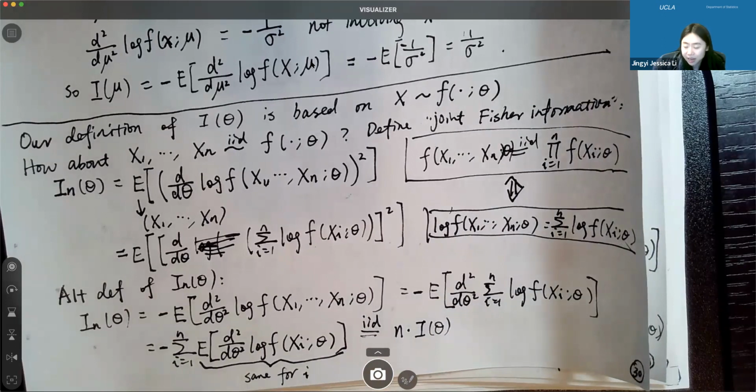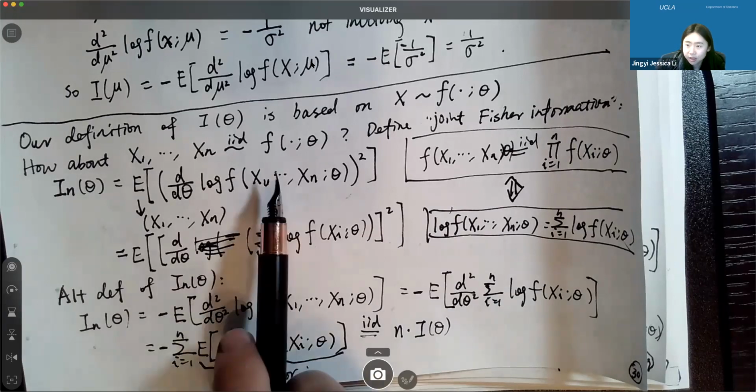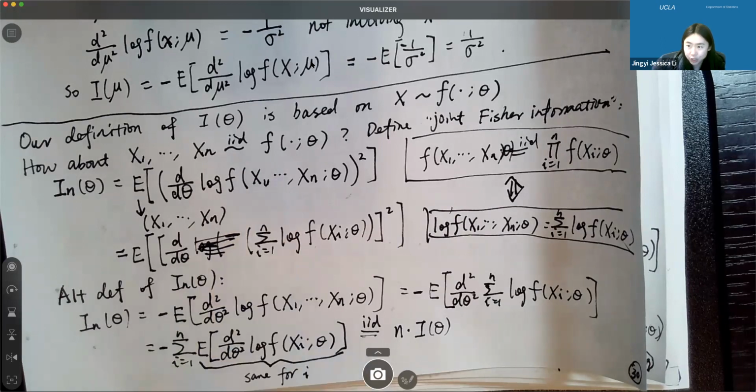So your sample size gets into the joint Fisher information. The larger the n, the larger the joint information. In other words, you can see the power of sample size: the more random variables you observe from this f, the more Fisher information you have about this theta. Does that make sense?